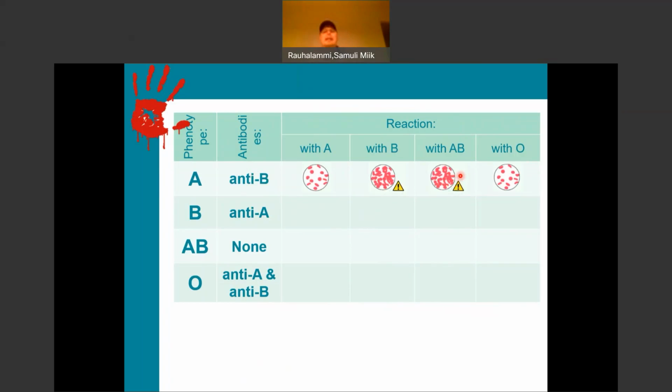But let's think of the last possible case. In this case, again, we are blood type A. We will have on the surface of our red blood cells those A antigens. Our plasma will contain antibodies for anti-B. And if you receive blood from a blood type O, their red blood cells have nothing on their surface. They have no antigens, so they're not going to be a problem.